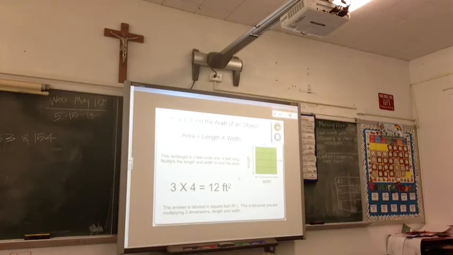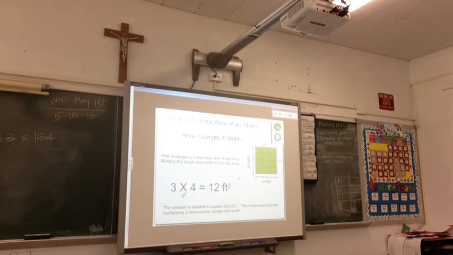How to find the area of an object. The area equals the length times the width. This rectangle is 3 feet wide and 4 feet long. Multiply the length and the width to find the area, which is the inside part of this rectangle.